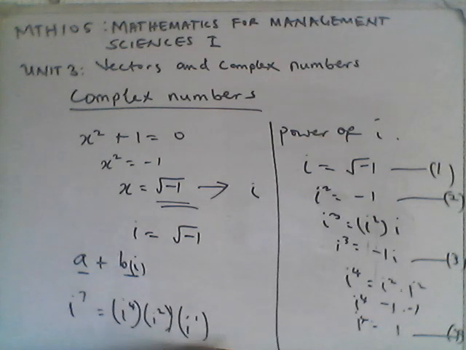So these are already in standard forms, where this one is 1, times this one is minus 1, times this one is just i. You understand? So finally, i to the power 7 is the same thing as saying minus i. So you can recycle it.